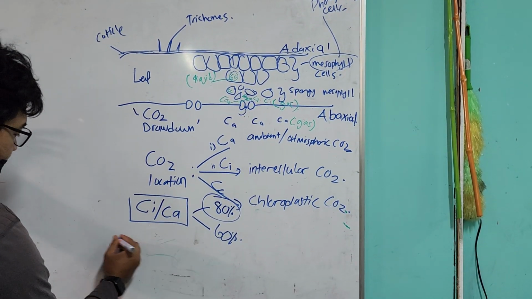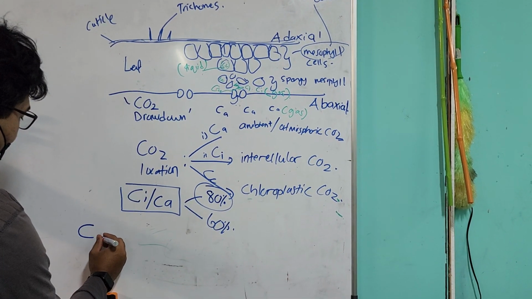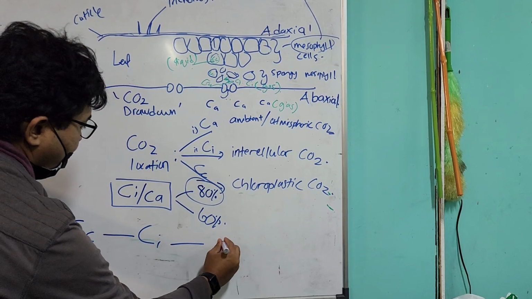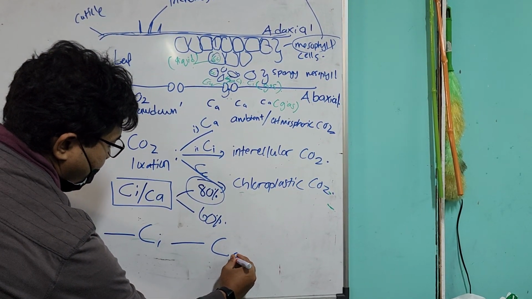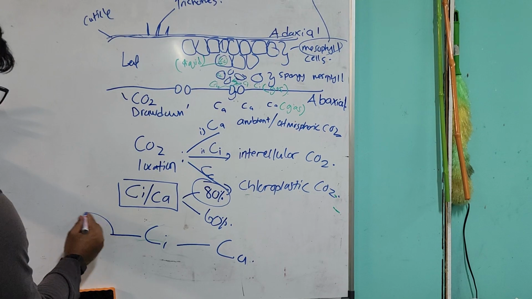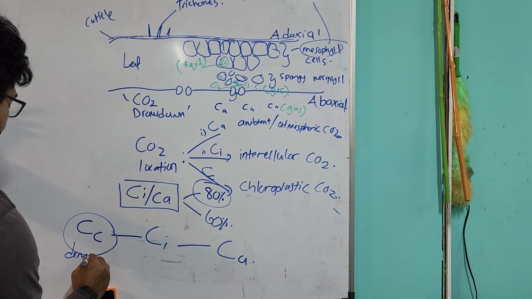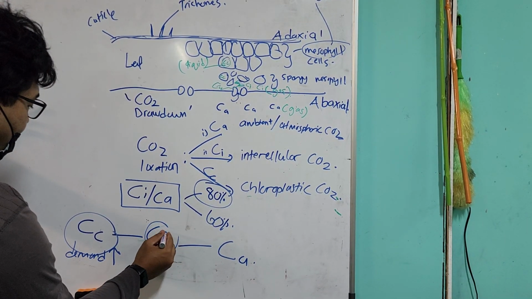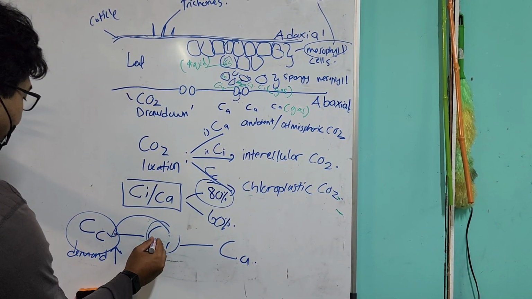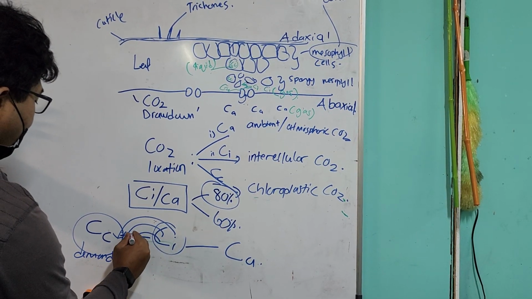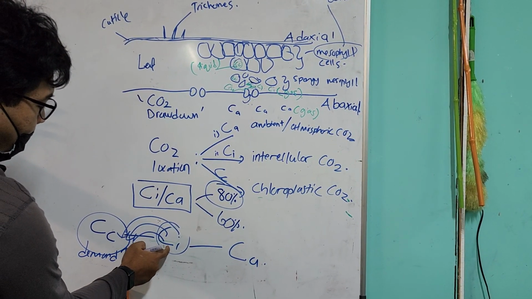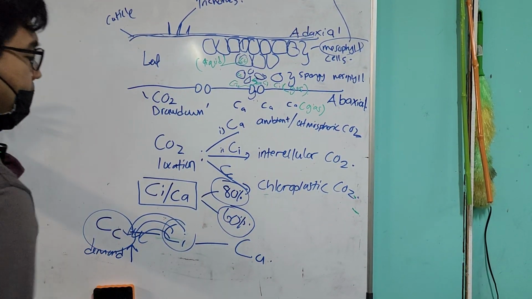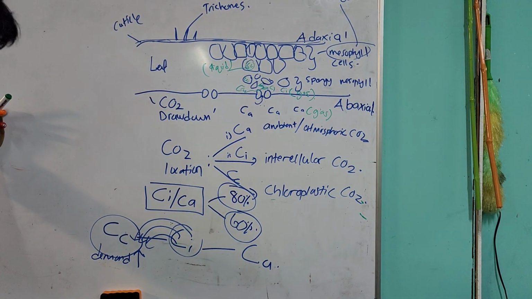So you can think of, like, if I put it into a timeline here, we start with Cc, then we go to Ci, then we go to Ca, right? If the demand here is high, more of this will go in here, correct? More will go in here. When this Ci is low, what will happen to the percentage? Yeah, it will become low.